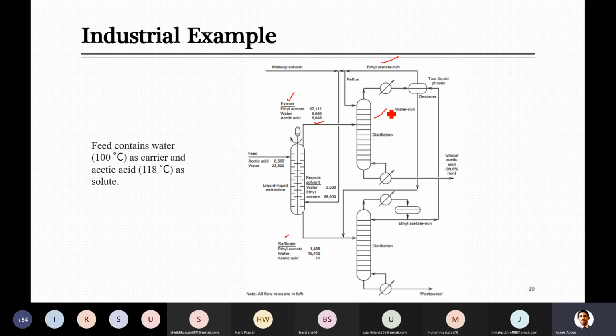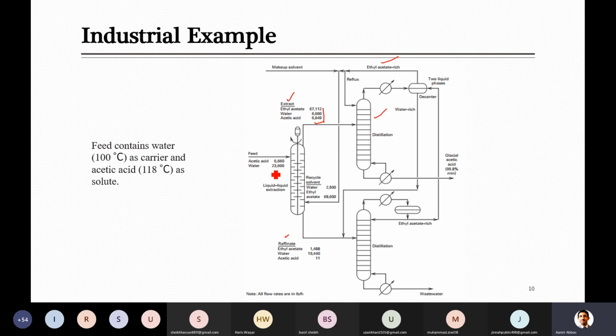As you know, you can see here from the composition of the extract that it contains water, ethyl acetate, as well as acetic acid. In this distillation column, the purpose is to separate this acetic acid from water and ethyl acetate. There is still water, but compared to the initial amount, it is much less.